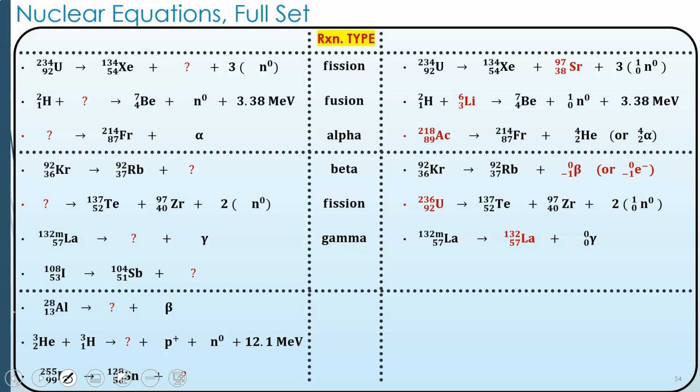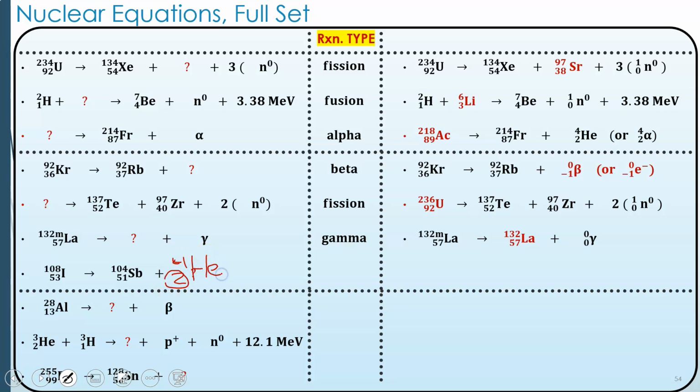But you also have this unknown product, and you can see that 108 is becoming 104 plus something. Well, 104 plus 4 would be 108, and 51 plus 2 would be 53. Well, we know that element number 2 is helium.